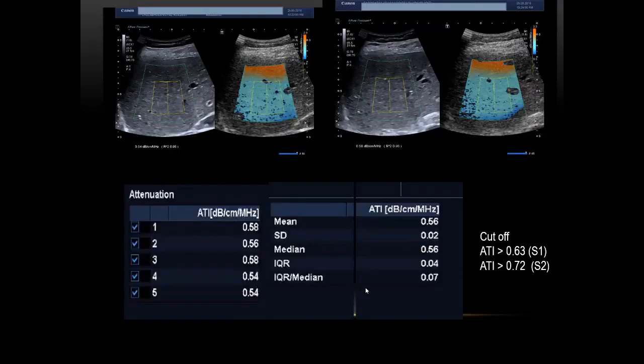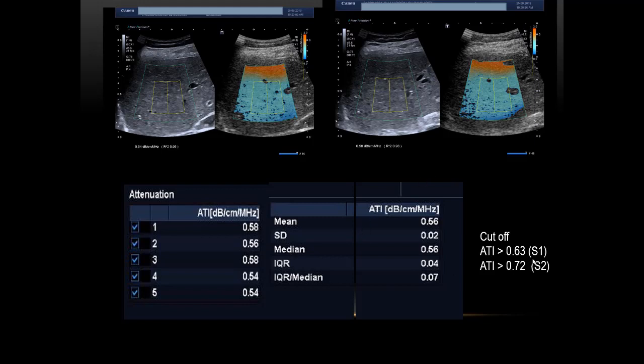When we do the ATI, we just place the green box in the right lobe of the liver using an intercostal approach, and then measure the ROI inside the green box in the center, and try to avoid the orange color here, because it represents the near field artifact that can influence it as noise. Just avoid that and then measure the box. The box is fixed, so there is no need to adjust anything, and then you just measure.